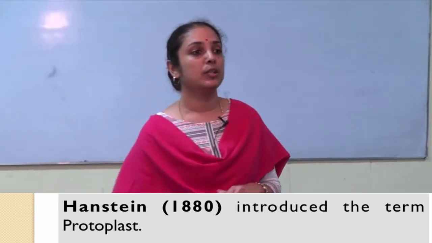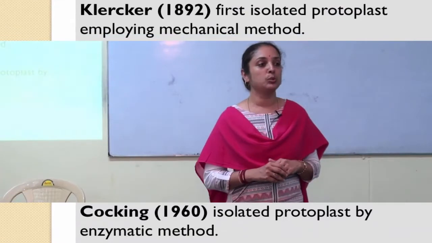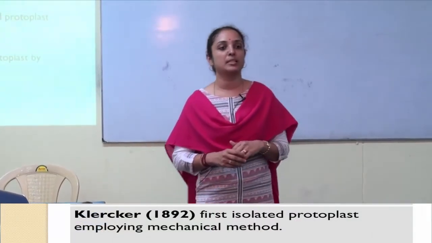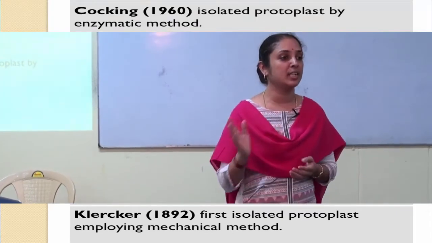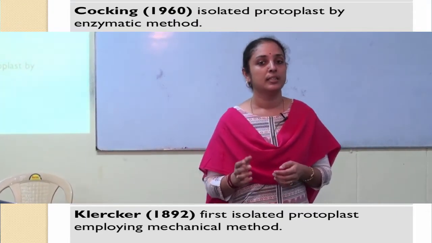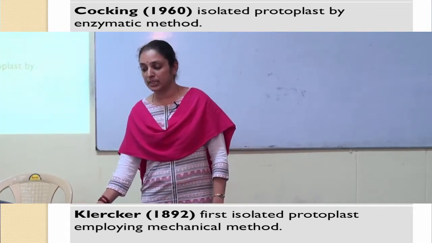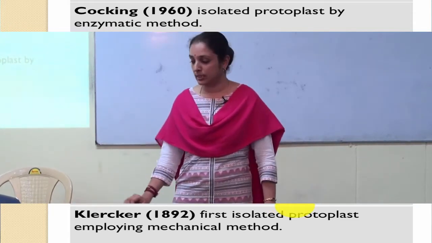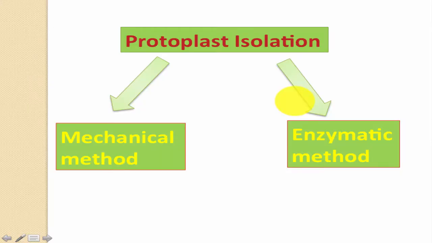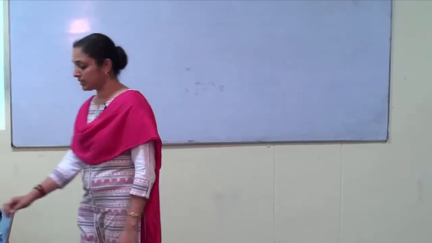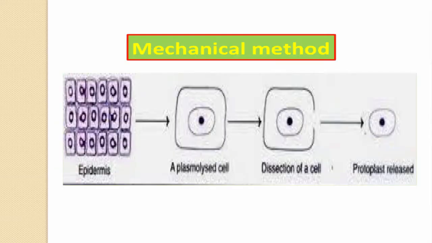Later on there were two scientists, Klecker and Cocking, who isolated the protoplast by mechanical method and enzymatic method respectively. These three scientists are the main contributors, and if you remember them for your syllabus point of view, that is fine. And next, as I was telling you, for protoplast isolation two methods are carried out: one is the mechanical method, another the enzymatic method.